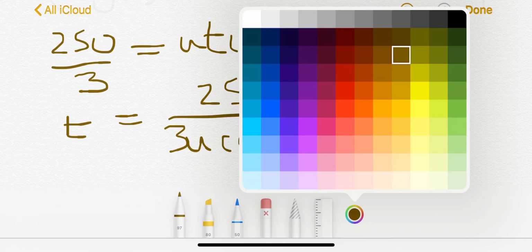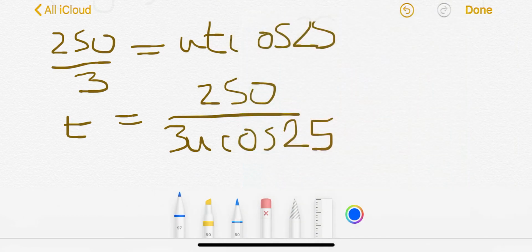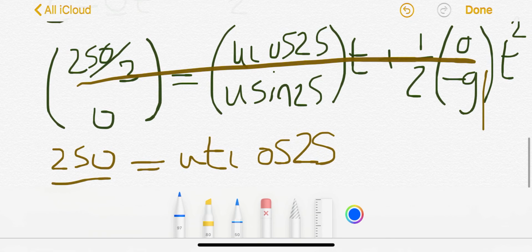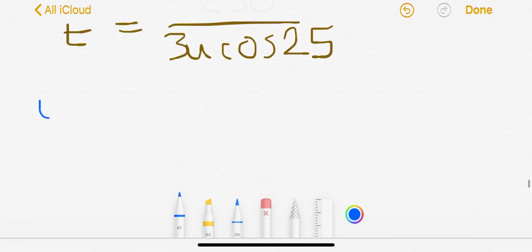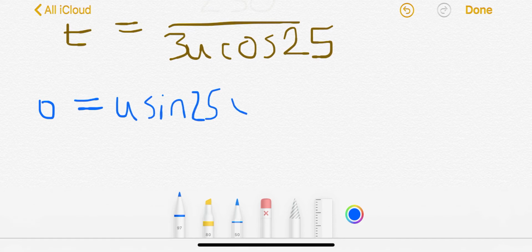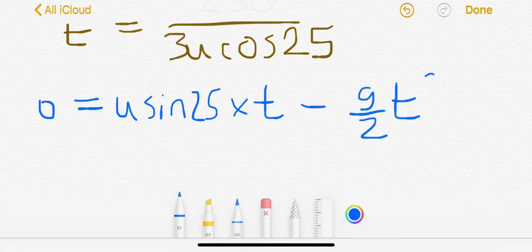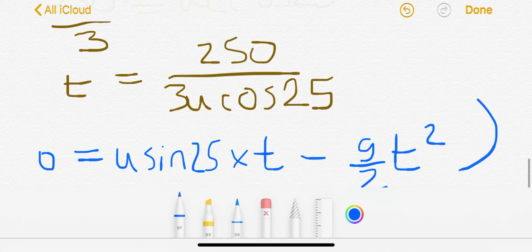But now if we take the vertical component, we have 0 equals u sine 25 times t minus g over 2 t squared. What we're going to do is substitute this t into here, so we have an equation that's only in u, and we can solve for that u.